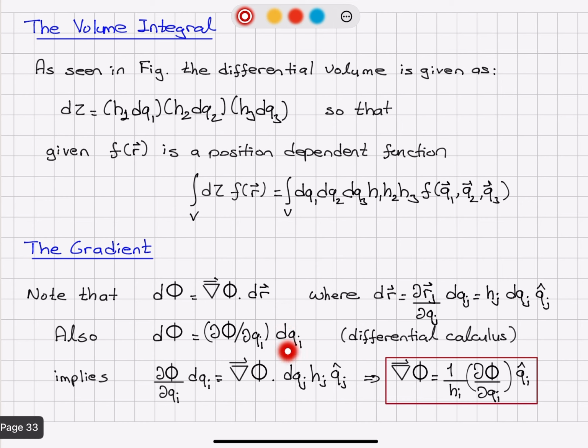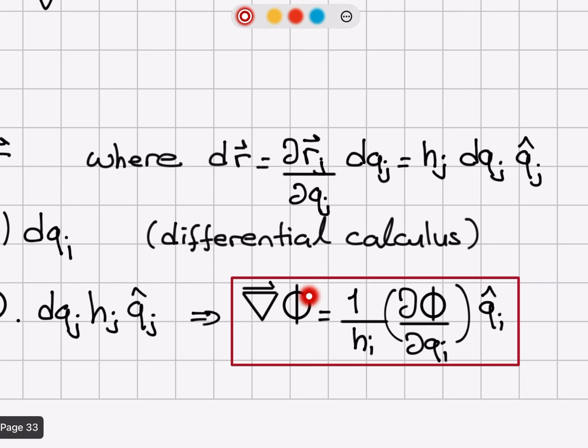So this is an addition process. And for the differential displacement, we have our previous result, which is a scale factor times dqj qj hat. So we can put it together, and this gives us our final answer for the gradient of a scalar field phi as 1 over hi del phi del qi in qi hat direction.